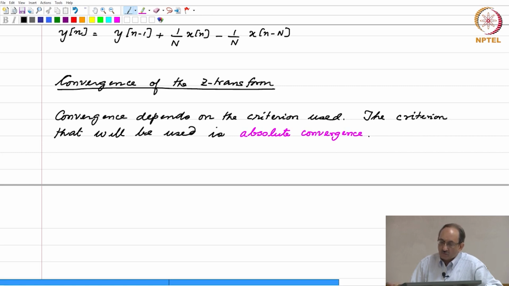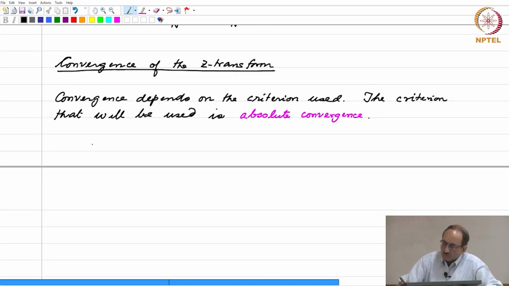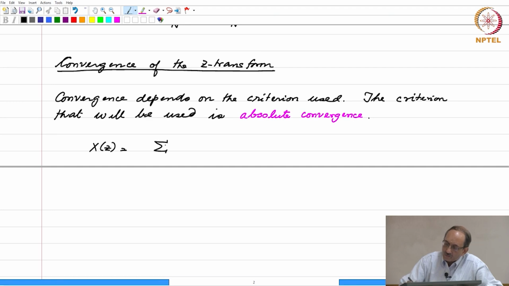There the absolute convergence meant absolute integrability, whereas here absolute convergence would mean absolute summability. Therefore, X of z is defined as the sum over n going from minus infinity to plus infinity of x of n z to the minus n.